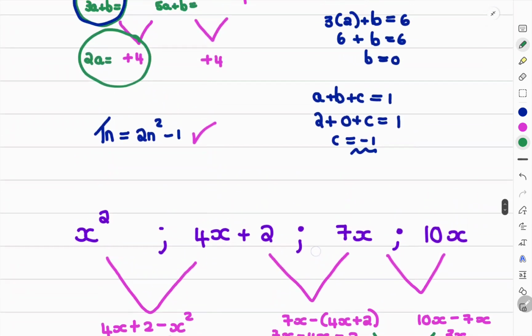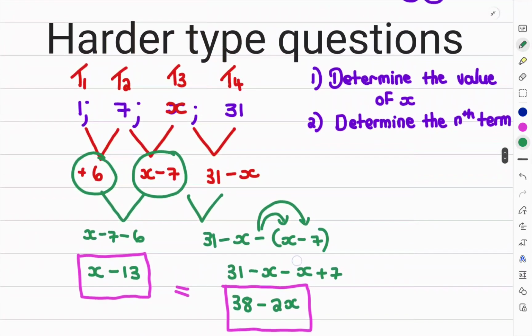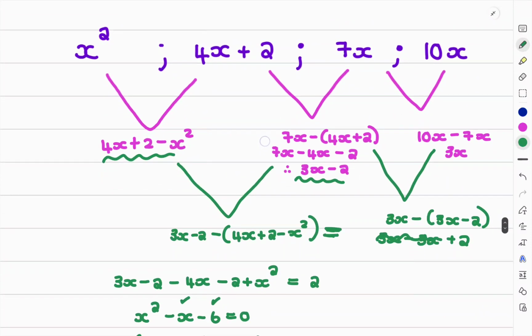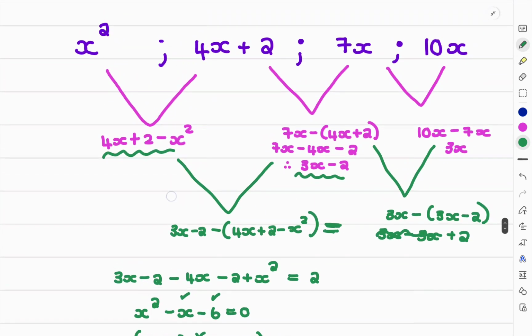All right, and if we look at the beginning, sorry, I didn't state it here. I would have said, find the two possible values for x. That is that. We've got x is 3 or x is negative 2.